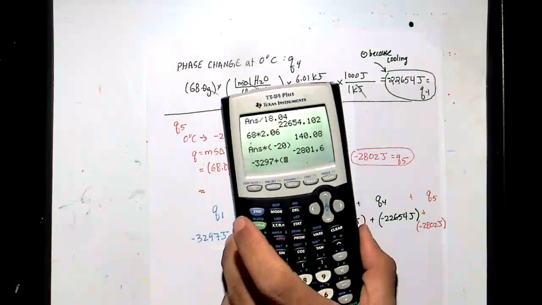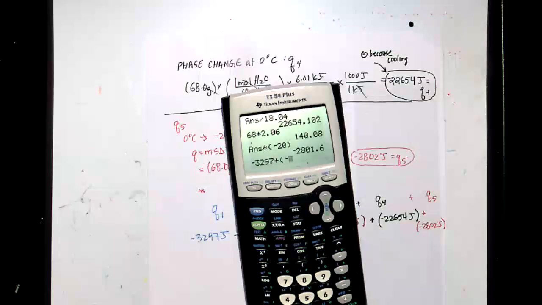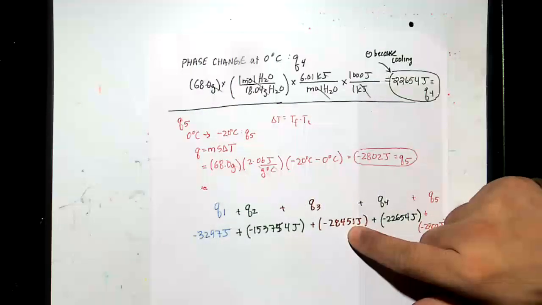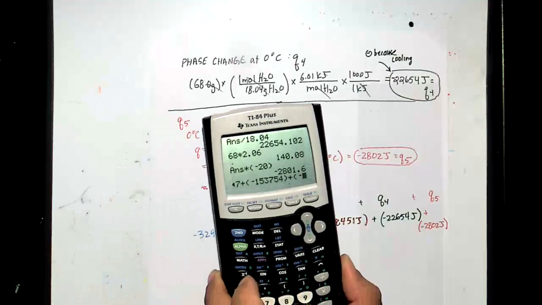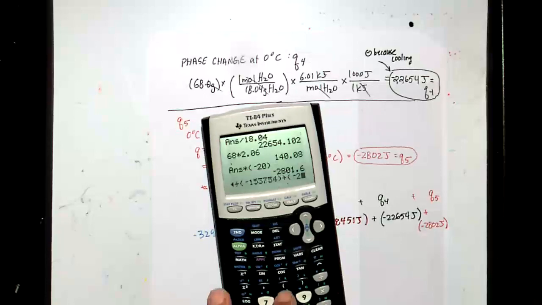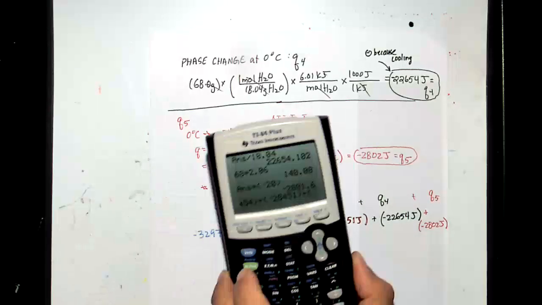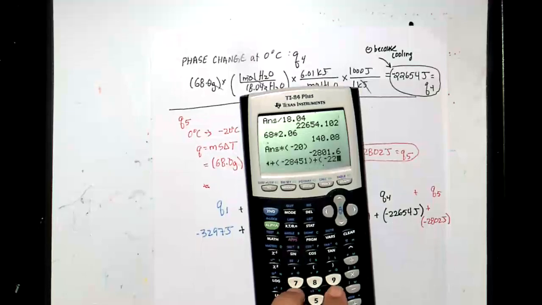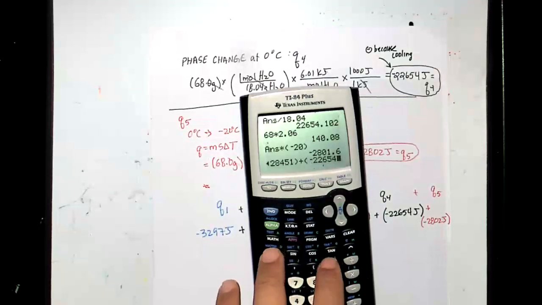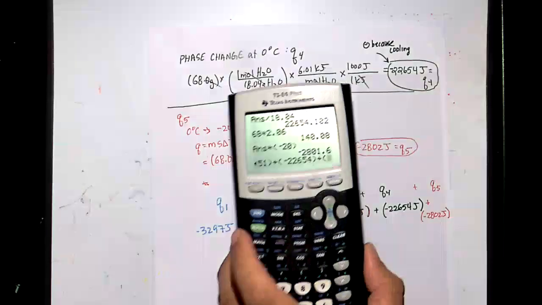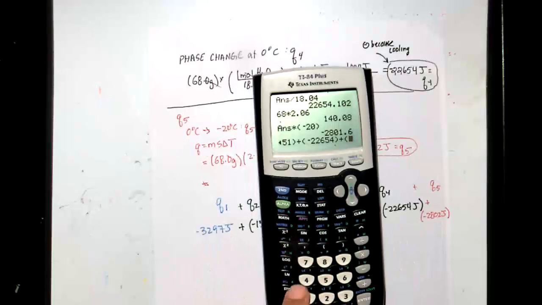Plus minus 153,754, plus minus 28,451, plus minus 22,654. Wow. Plus a minus 2802.